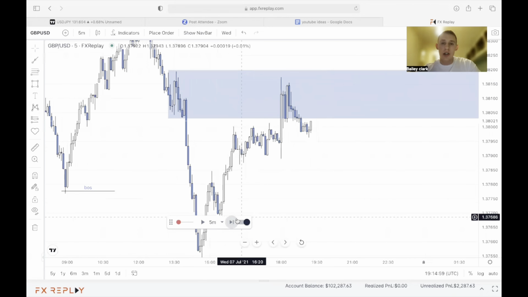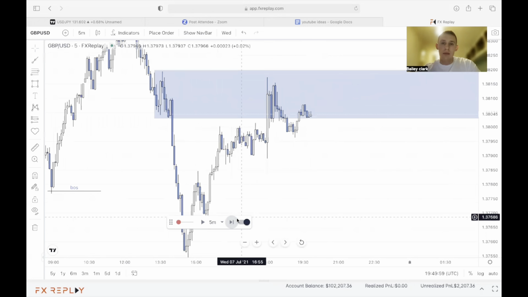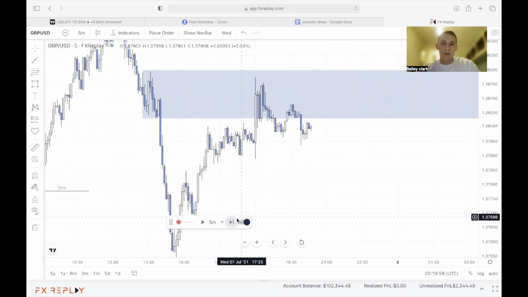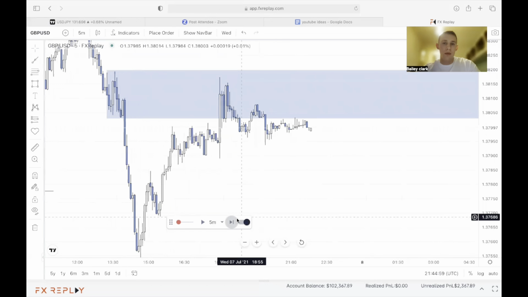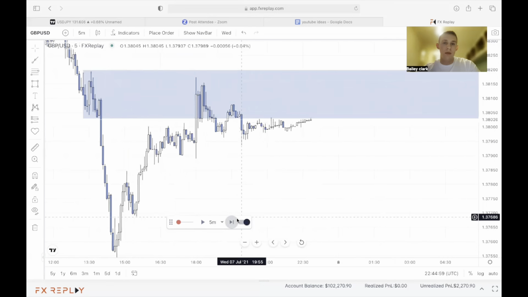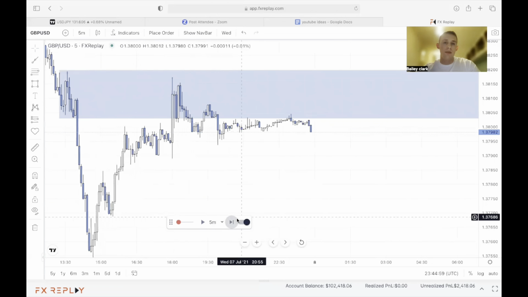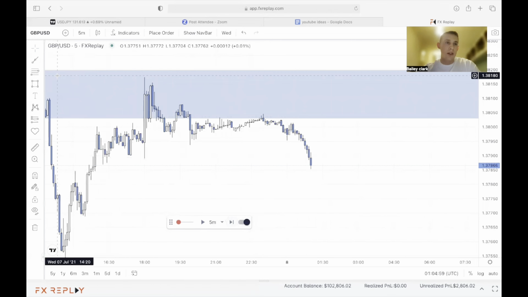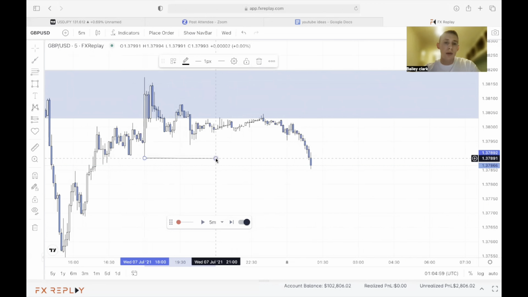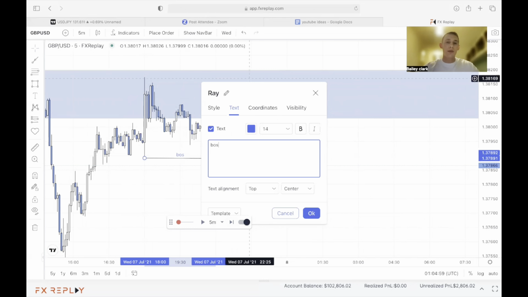Let's see if it breaks structure. Okay, so there we have a break of the low. So this would be our internal break of structure.